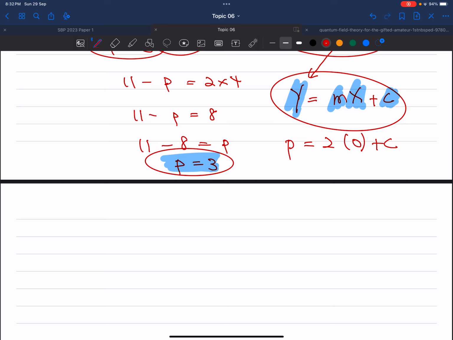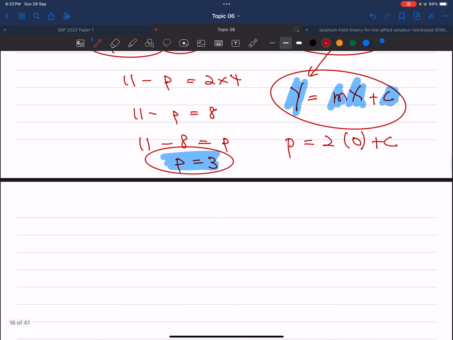And what was P? Again, P is already 3. So I substitute P equals 3. So this is 3 equals, of course, 2 times 0 is 0. So we have our C is 3.